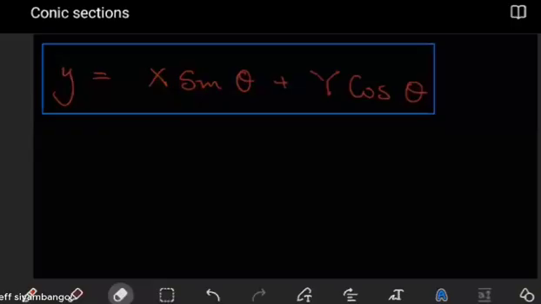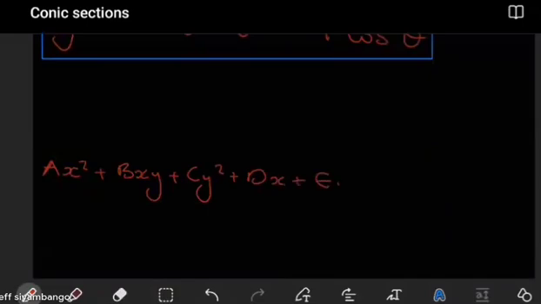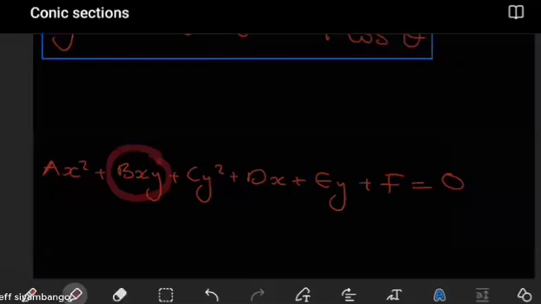Now the next thing we want to see is another key formula that is used under rotation of axis for conic sections. We pointed out that if you have a conic section whose general formula looks like this, and it has the cross product term, the first thing you have to do is eliminate the cross product.